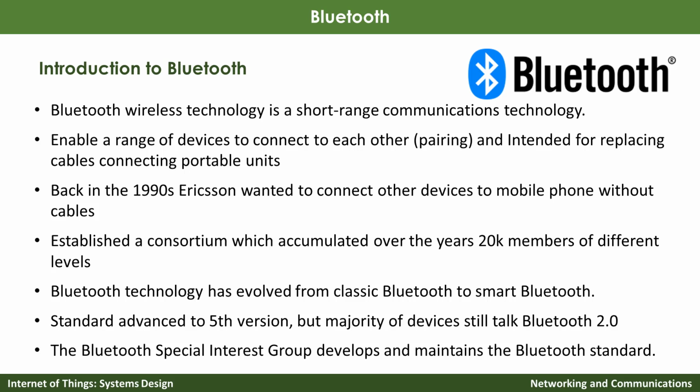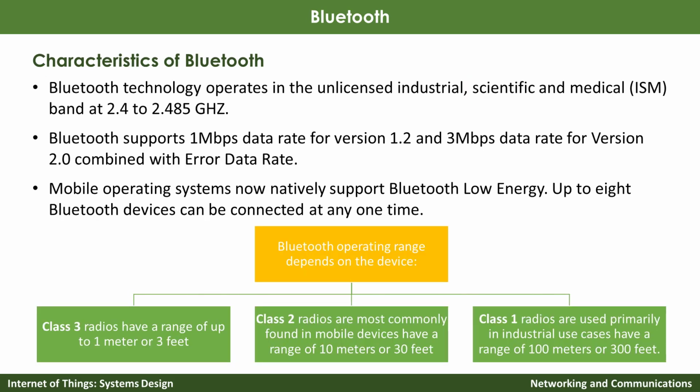IoT devices use Bluetooth quite a lot, especially wearable and smart home devices. And most appliances also use Bluetooth. Bluetooth operates in the unlicensed industrial, scientific, and medical band, which means that we don't have to pay for the radios in terms of licensing.